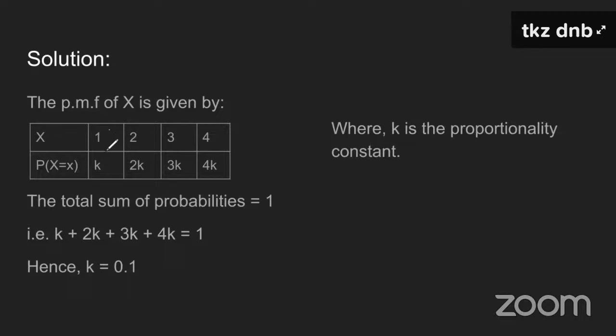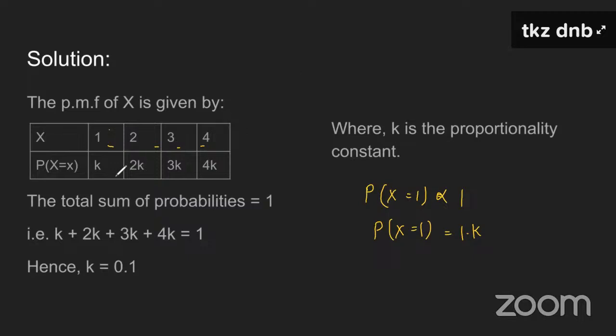There are 4 balls, 1, 2, 3 and 4. The probability for X equal to 1, the ball whose number is 1, is proportional to 1, so it is equal to some constant multiplied by 1, so it is k.